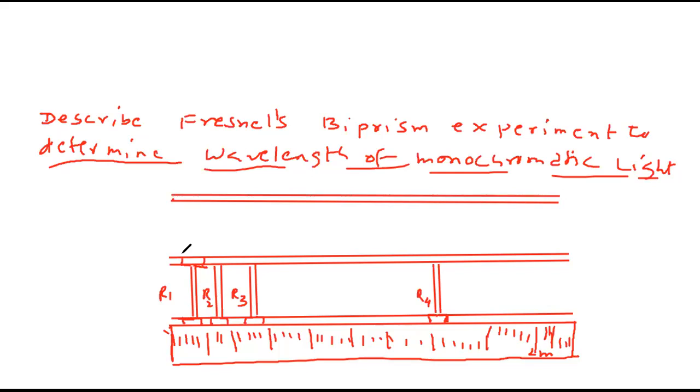It carries 4 stands R1, R2, R3, R4. Stand R1 carries slit. Slit means opening through which light can be incident.